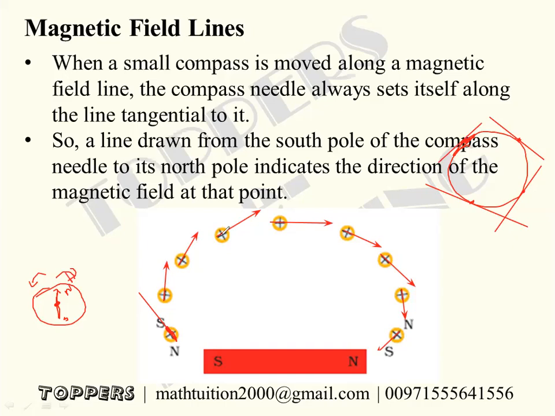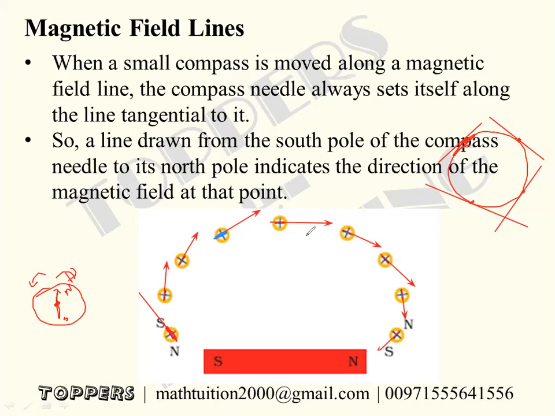At this point, if you want to find the direction of the magnetic field, from this south to north, if you draw a line, this line gives you the direction of the magnetic field. See, the same thing, tangential.